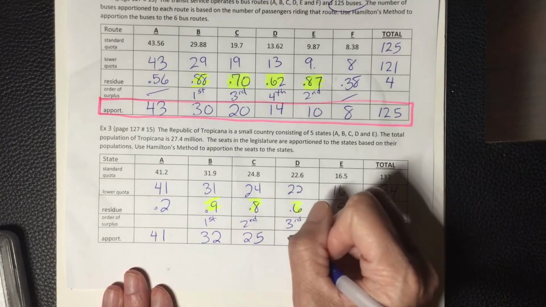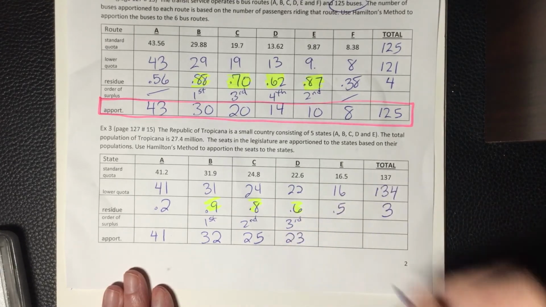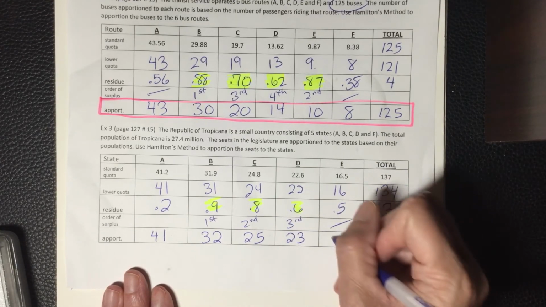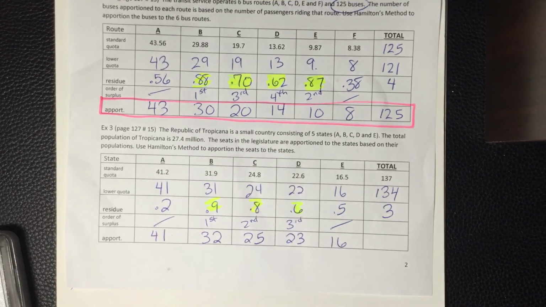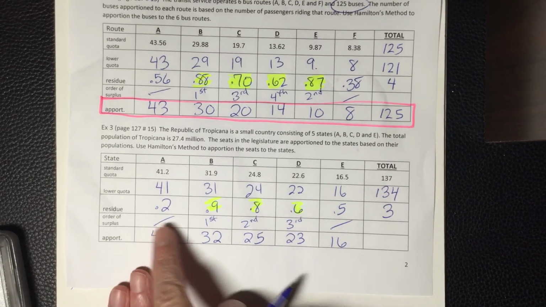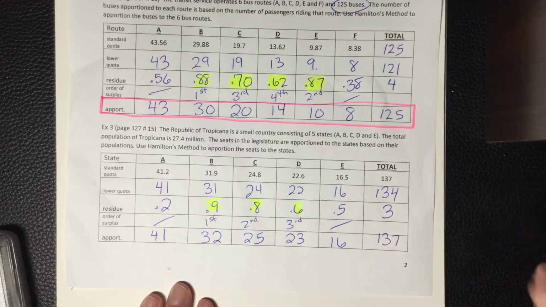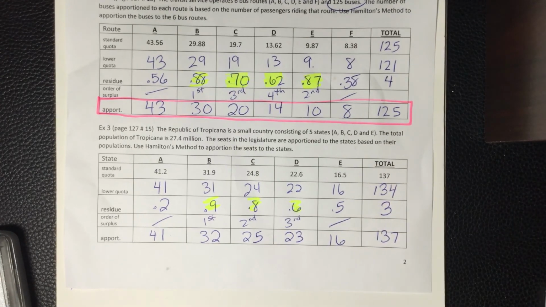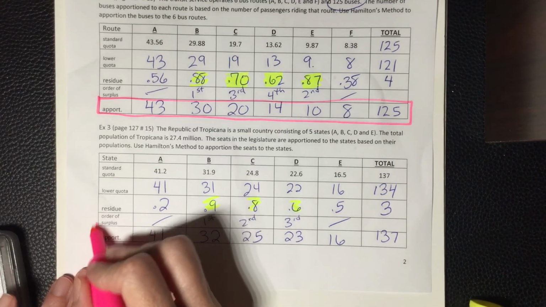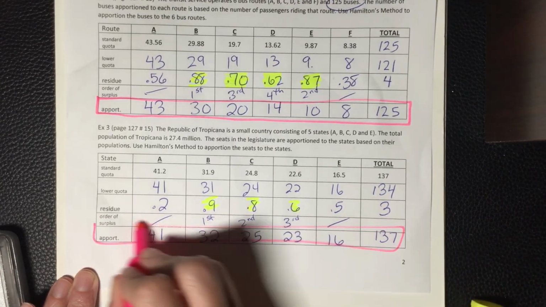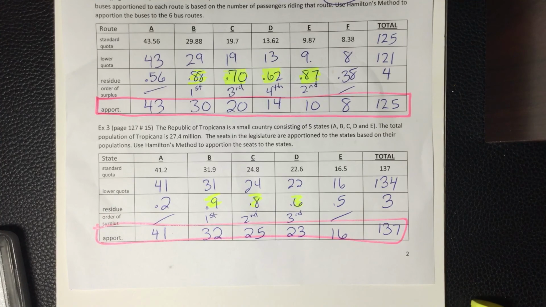This one gets a seat, they're at 25. This one bumps up to 23. This one did not get one, so they stay at 16. We're going to take a minute and add all of those together and just check and make sure you got your total seats of 137. All right, so that's Hamilton method when you are given the quota.